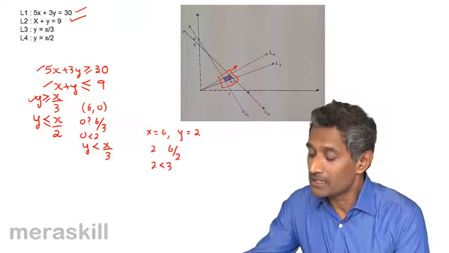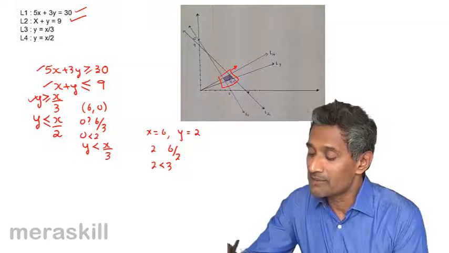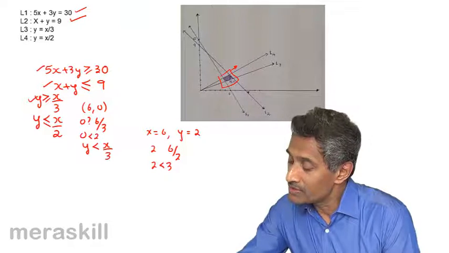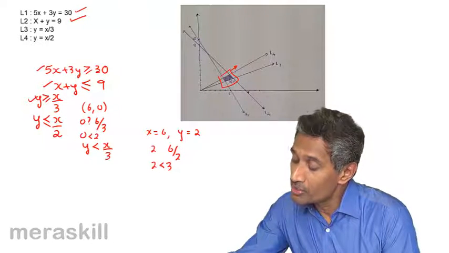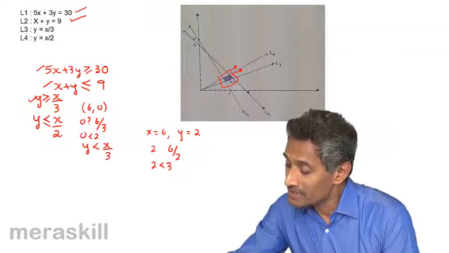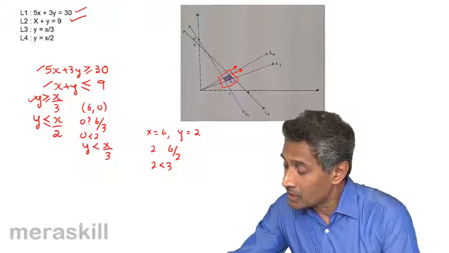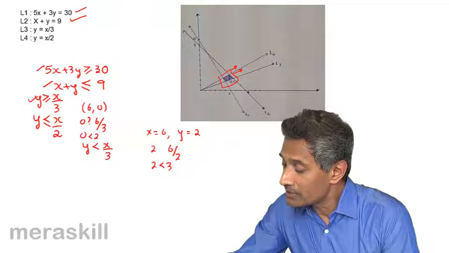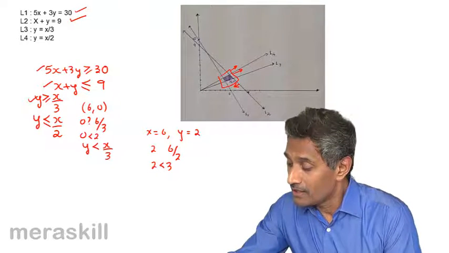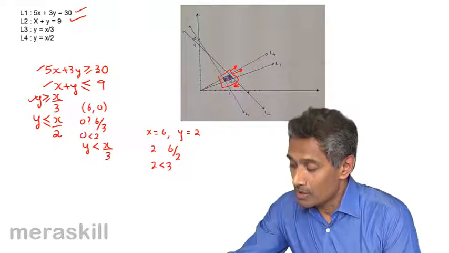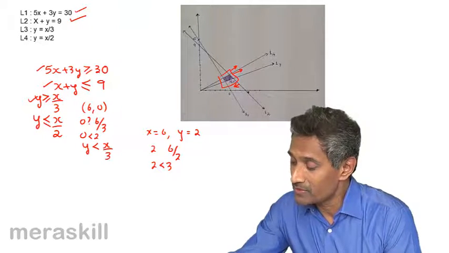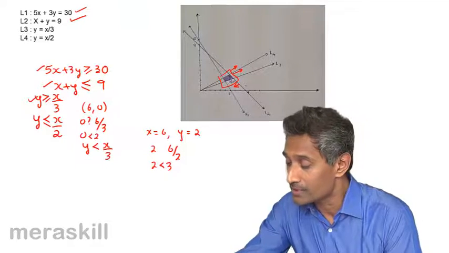So it is basically a combination of 5x + 3y greater than or equal to 30, because this region is on the non-origin side of the line L1. x + y less than or equal to 9, because this region is on the origin side of this particular line. This region is also enclosed by y greater than or equal to x/3, because when we substitute the values over here, it is on this side.